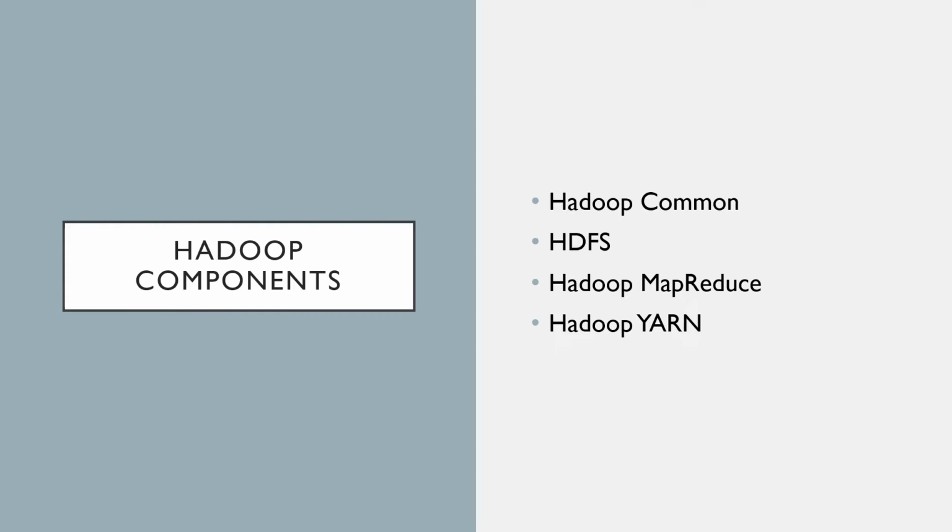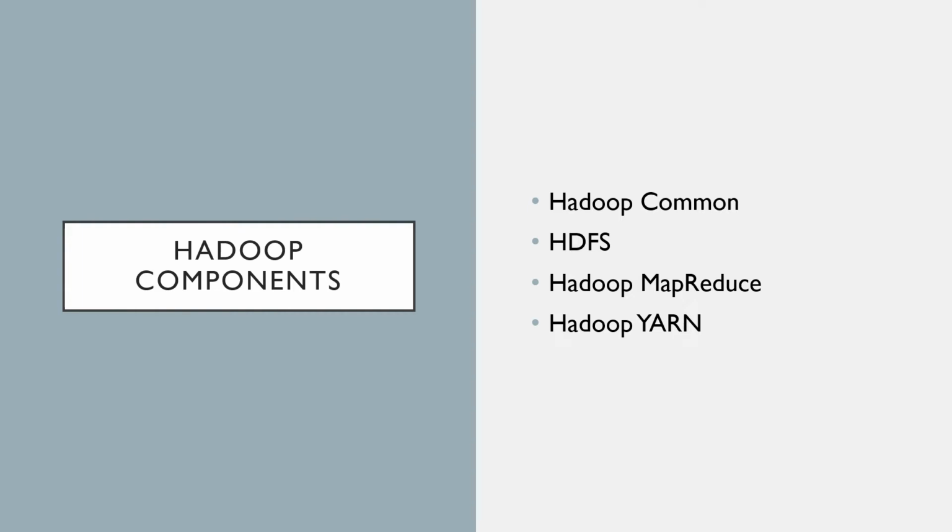The HDFS is a distributed file system that stores data on commodity hardware, providing high aggregate bandwidth across a cluster. MapReduce is a program for large-scale data processing, and Yarn is a resource management platform for managing compute resources in clusters and then using them for scheduling the user's applications.